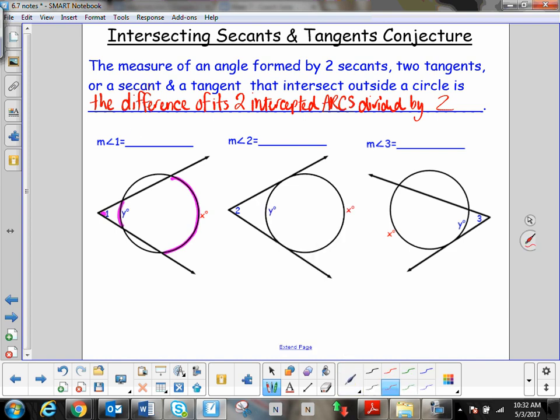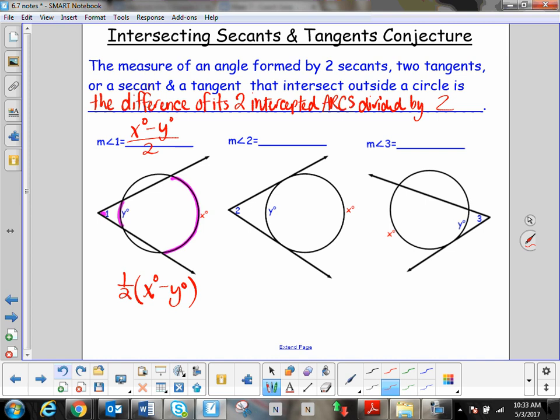It's going to be X degrees minus Y degrees, divided by 2. If you like to put the 1/2 out in front, 1/2 of X degrees minus Y degrees, you can do that too. 1/2 times X minus Y.